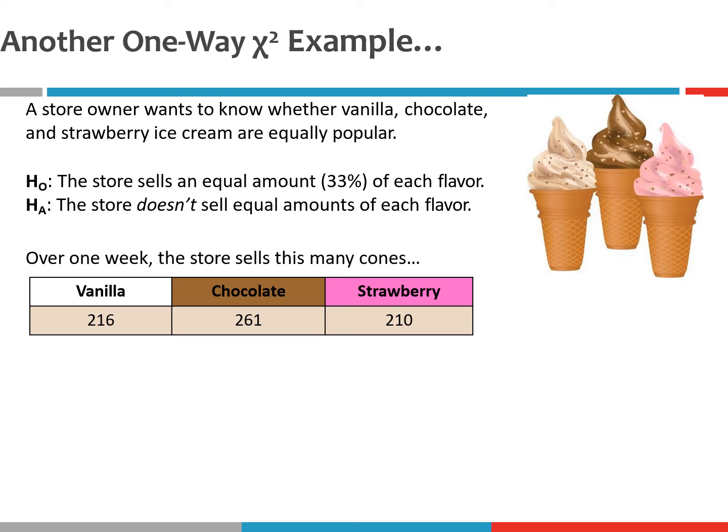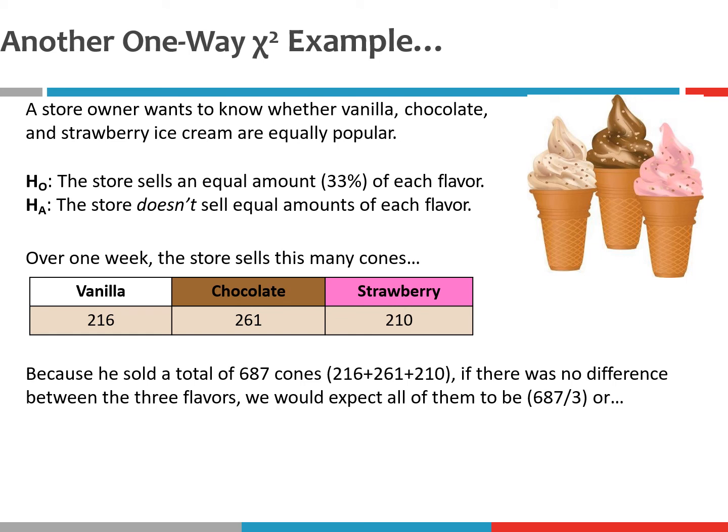So what we need to figure out is how many cones of each flavor would we expect to sell if everything was equal, okay? So what we're going to do is add up all three of these values to get our total number of cones, and then we're going to divide by 3.